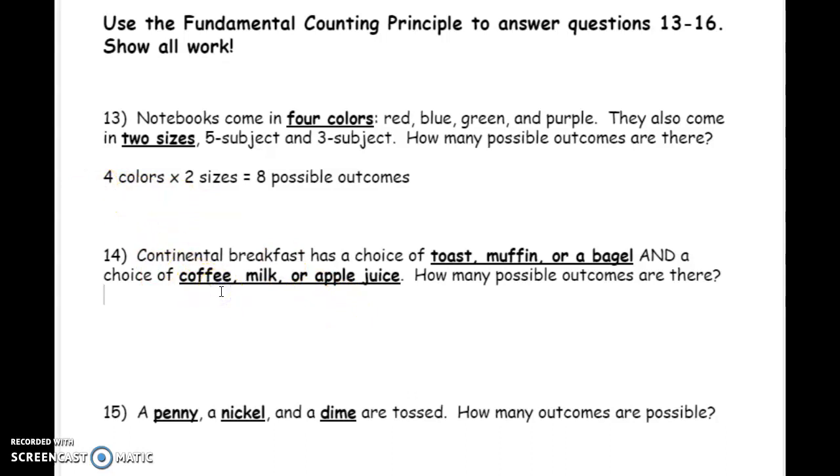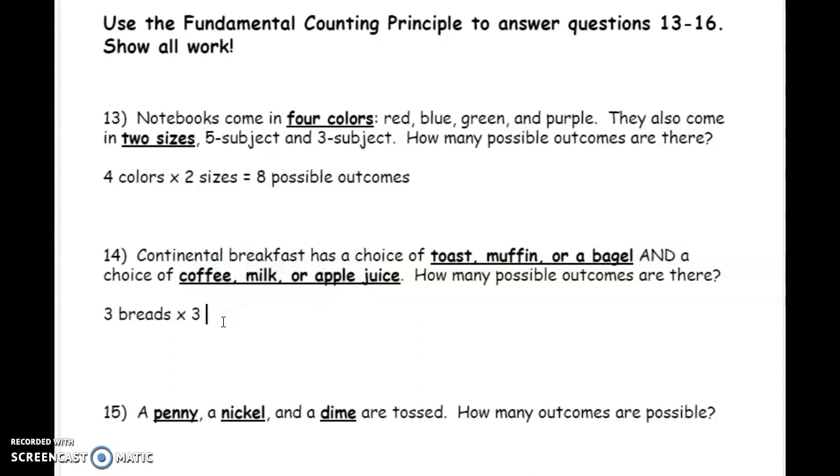Number 14. Continental breakfast has a choice of toast, muffin, or bagel. So we have 3 types of bread, 3 breads, times, and, which means we are multiplying, a choice of coffee, milk, or apple juice.